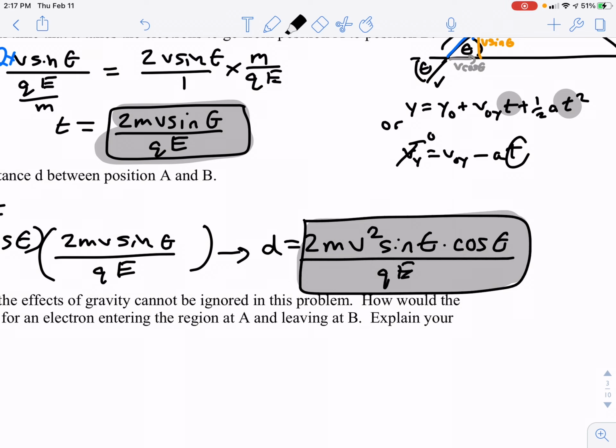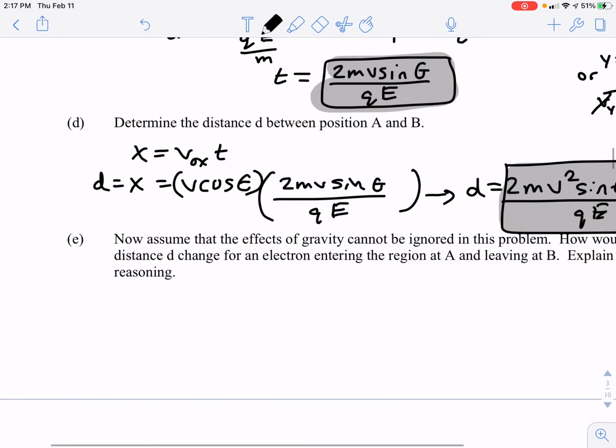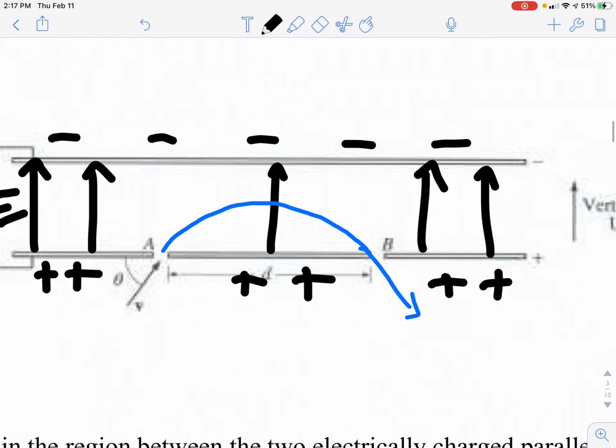And lastly, in part E, now assume the effects of gravity cannot be ignored. How would distance d change for an electron entering region A and leaving at B? Well, quite simply, d would be less. Let's look at the picture above just to see. Right now, you only have the effects of an electric field curving that electron.